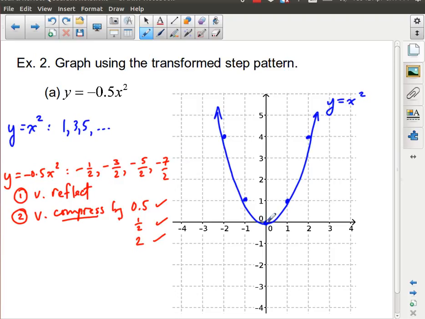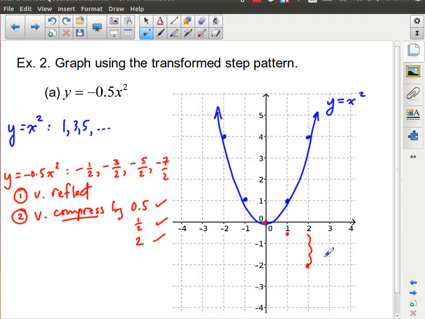We start at 0, 0. We go over 1, down a half, so that takes us to here. Now, this is 3/2, so it might make sense to count by halves here. So I'm going to go over 1, and then I'll go down 1/2, 2/2, 3/2. Let me actually put dots there to indicate I'm over 1, and then from here down 1/2, 2/2, 3/2, and there is my next point.